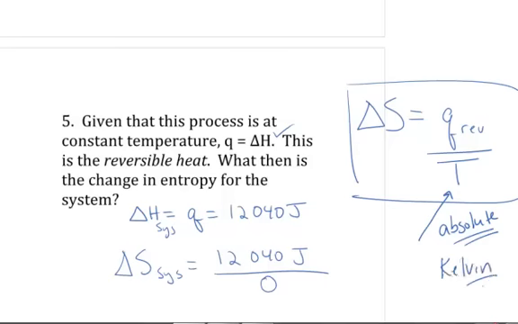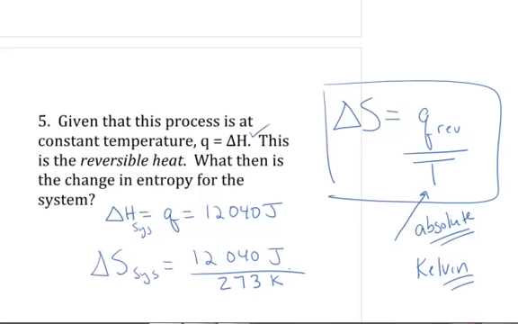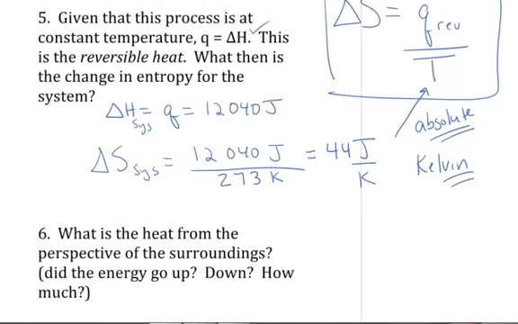So rather than dividing by 0, which is not defined, we use the absolute scale, because that's how entropy is defined. That is 273 Kelvin. So I can calculate the change in entropy, and it's going to equal about 44 joules per Kelvin. I've just calculated the change in entropy for the system.